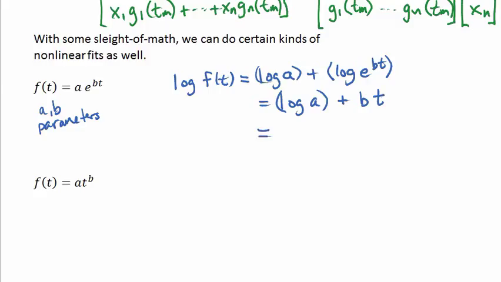So we can recognize this as, if we call this parameter x1, and we call b now x2, we're back to the case of a straight line fit. But it's not that the original function is a straight line fit, it's the log of the candidate function which is a straight line fit. So we must fit the log of the data.